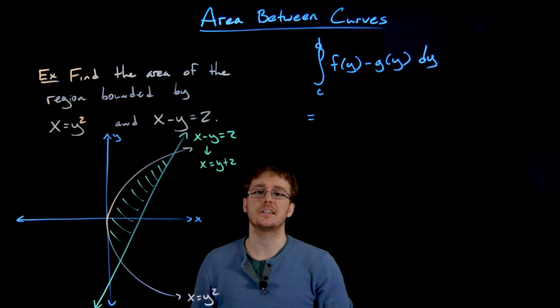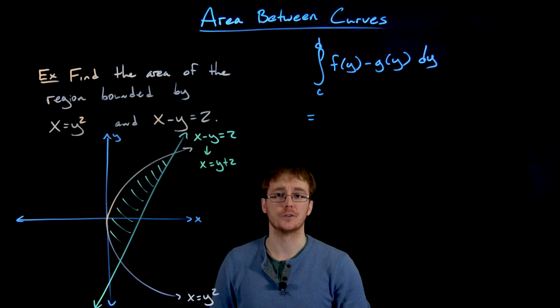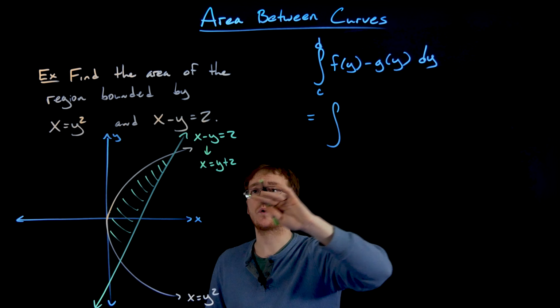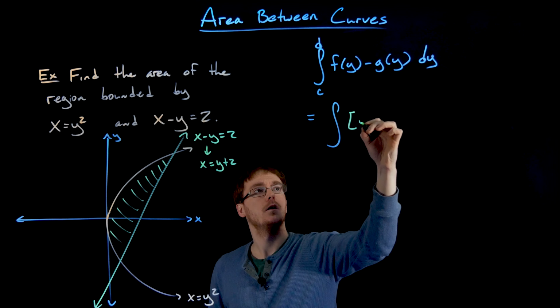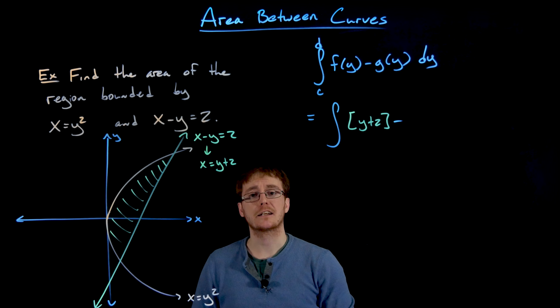And we see that x here is a function of y, where x is equal to y plus 2. So the first piece of our integral formula, our f of y function, is the quantity y plus 2. And now we're going to have to subtract away from that our left bounding curve, which is our other curve. Process of elimination makes that easy. And that's given as a function of y as x is equal to y squared.